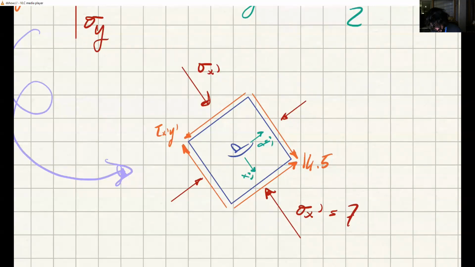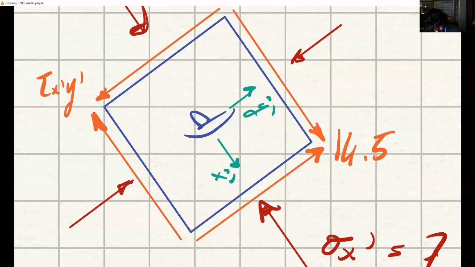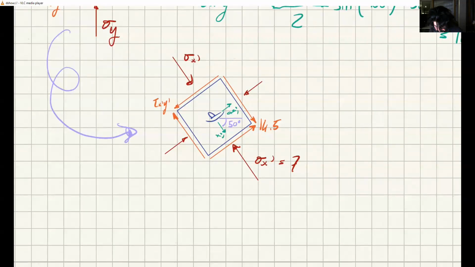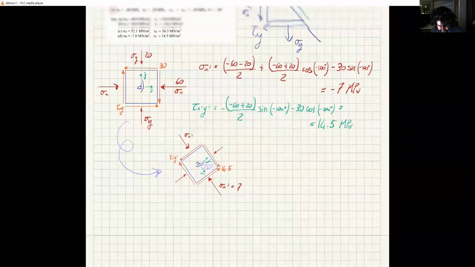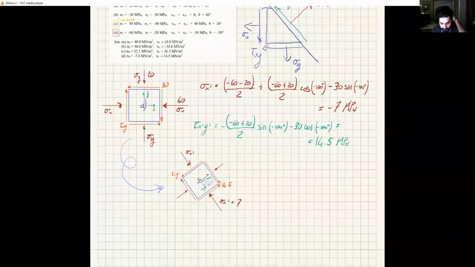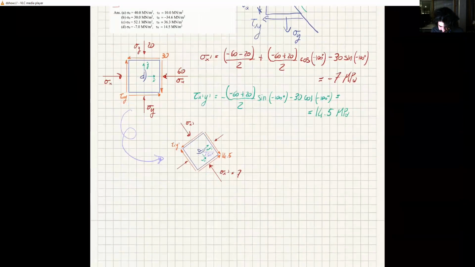And the difference between these new axes and the old axes, so the rotation, is 50 degrees clockwise, of course. That's it. So you can just solve all the other ones in exactly the same way. It's just a matter of using your calculator.